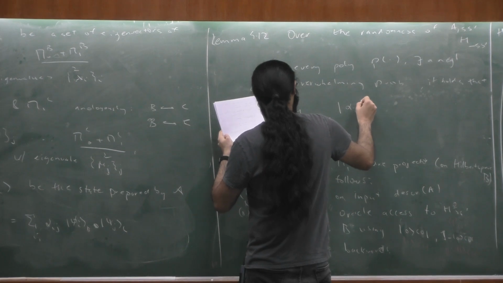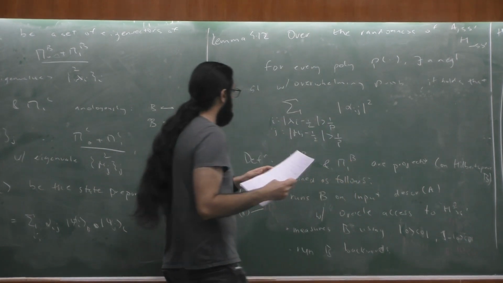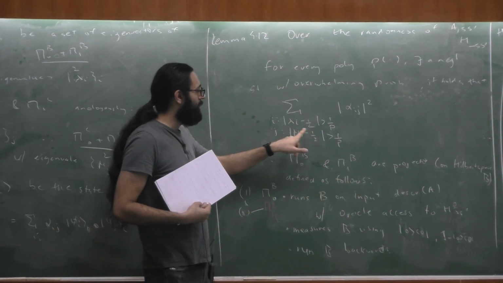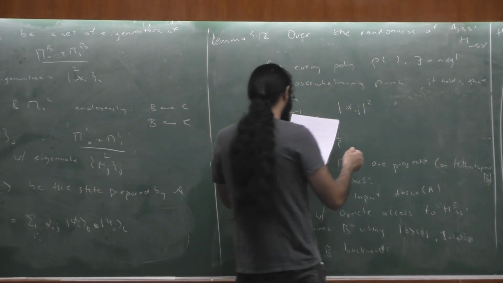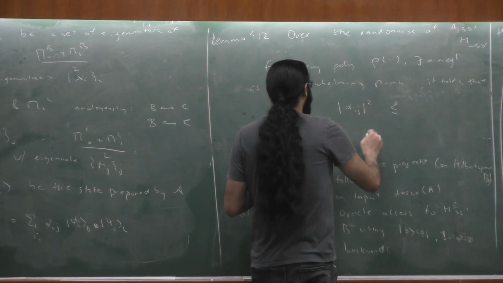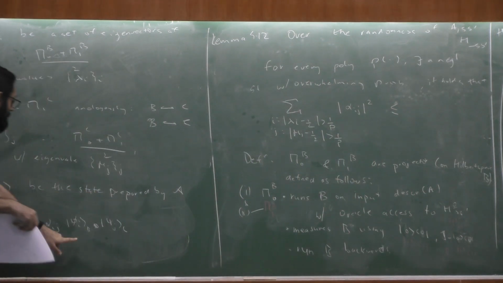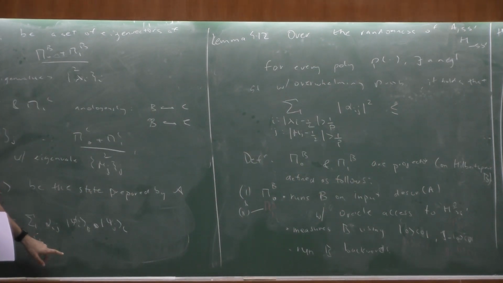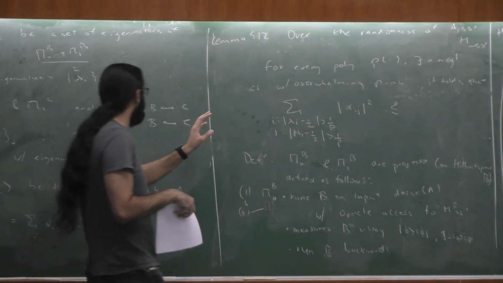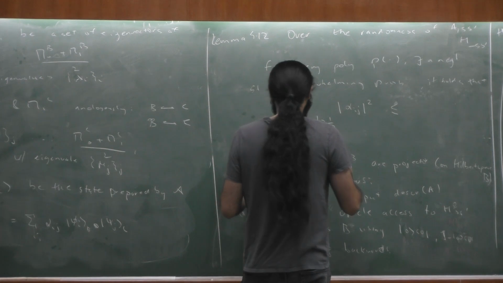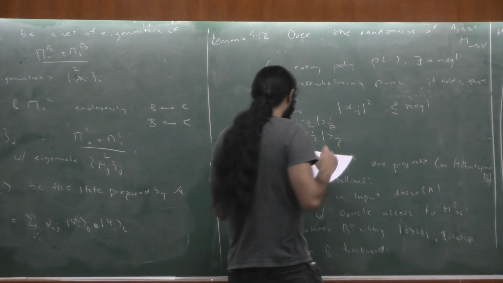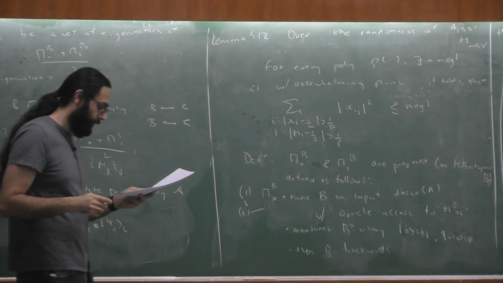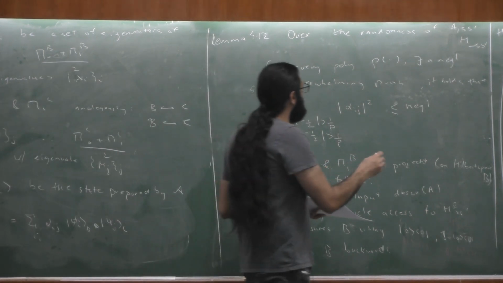So if you look at indices for which the eigenvalues are bounded away from half by some factor, then the weight that this specific state assigns on those indices, that correspond to the projectors, is at most the negligible function that we chose. This is negligible in n.